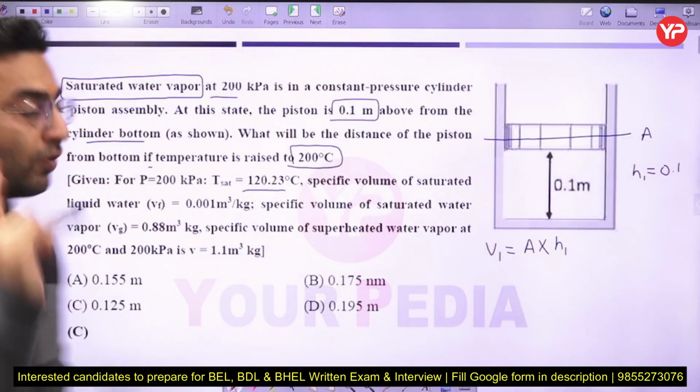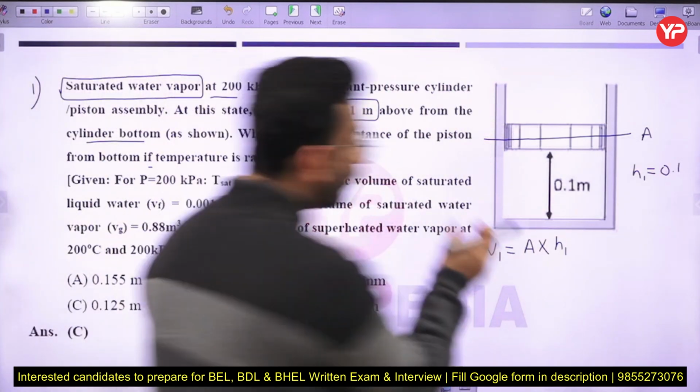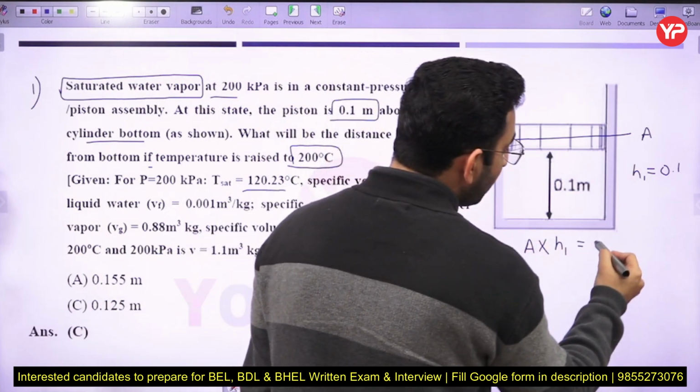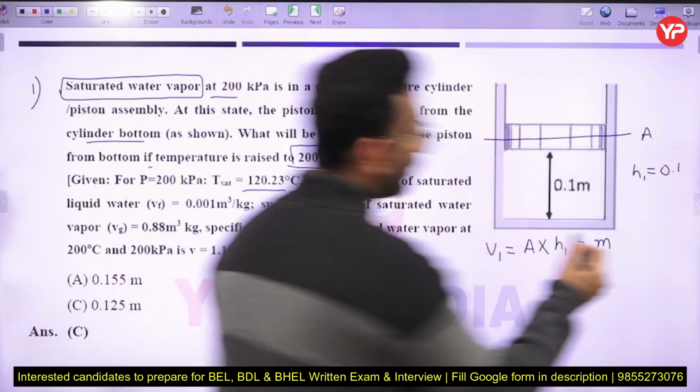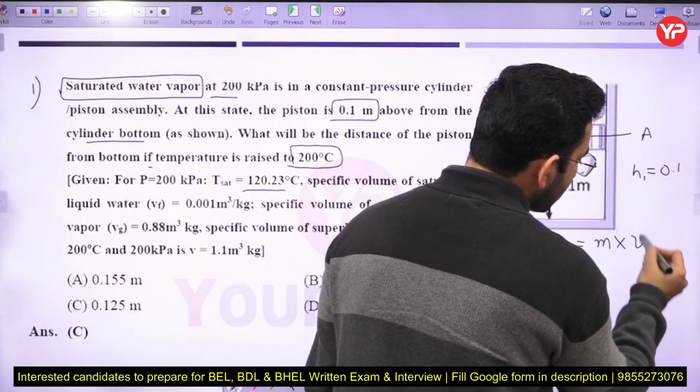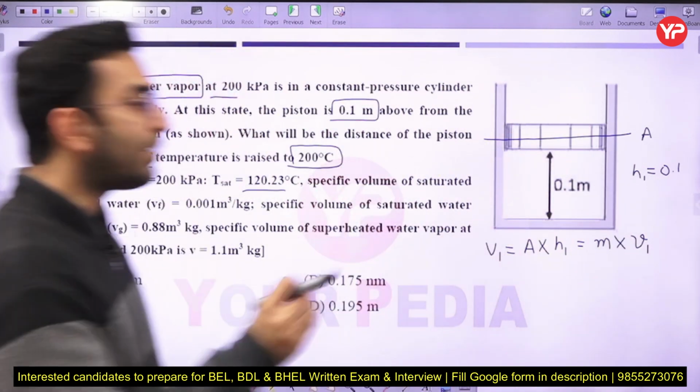Along with that, the total volume can be written as the mass present inside this cylinder multiplied by the specific volume, where small v is the specific volume at the initial state.